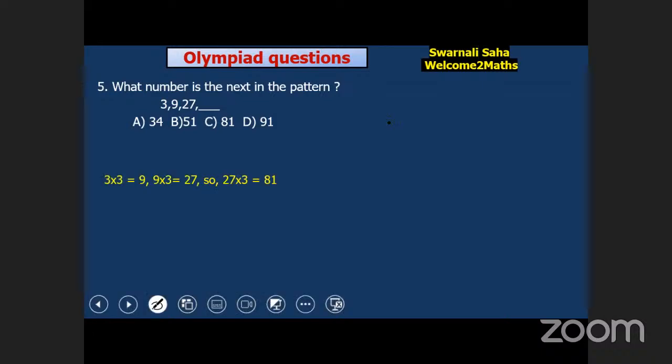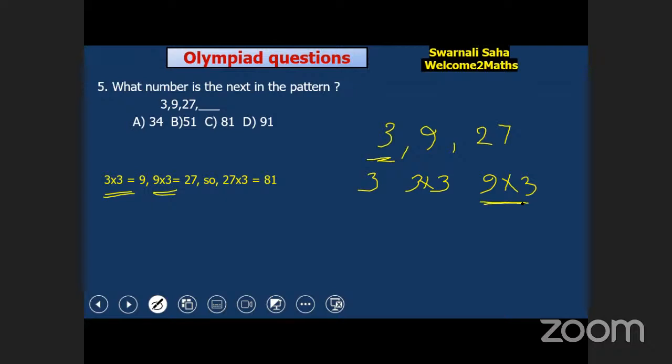Here you can see 3, 9, 27. How to get this? First is 3, then is 9. How can we get 9 after 3? Whenever we multiply 3 by 3, we'll get 9. 3 into 3 is 9. And next, whenever we multiply 9 by 3, we'll get 27. 9 into 3 is 27.